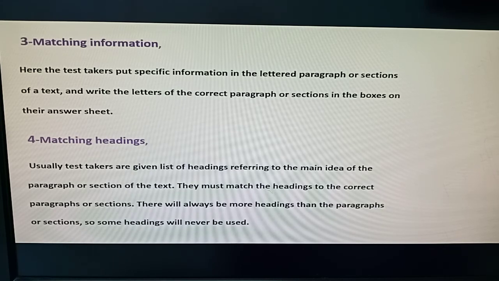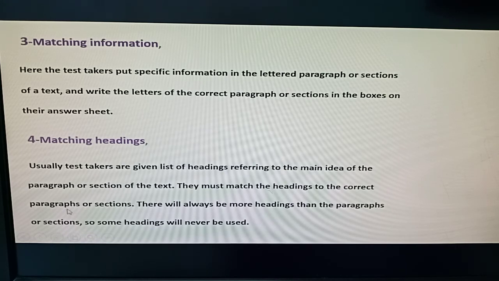For each paragraph we write a letter: paragraph 1 is A, paragraph 2 is B, paragraph 3 is C, and so on. Then you have the headings, for example 5 headings, and you must match the headings to the correct paragraphs.